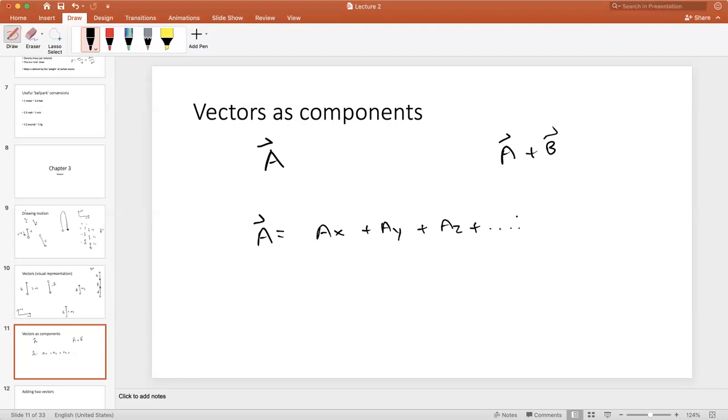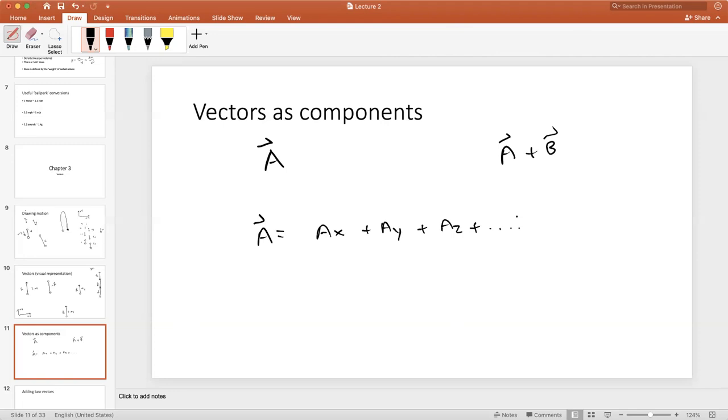For those of you who are in computer science, you'll understand that a vector actually can have as many components as you want. The columns in an Excel spreadsheet are vectors of the data.